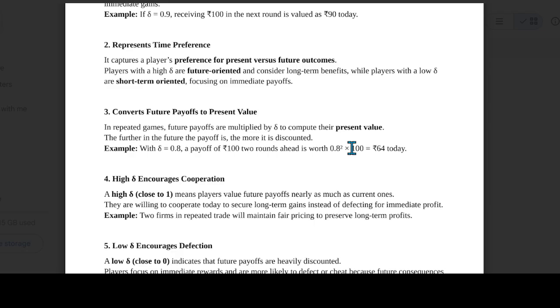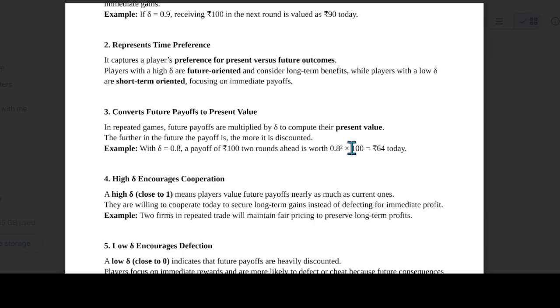Take it as future money: if you have 10 rupees today, the value of those 10 rupees will not be 10 rupees one year from now. The rupee will fall, right? If you keep it in the bank, it will not stay 10 rupees; it will become 9 rupees, at most 7 rupees.